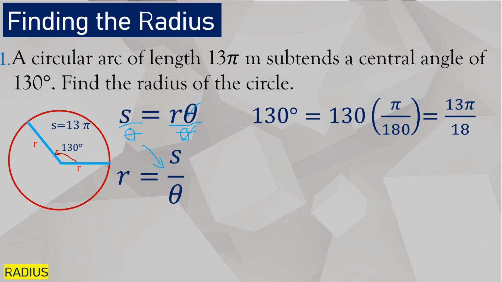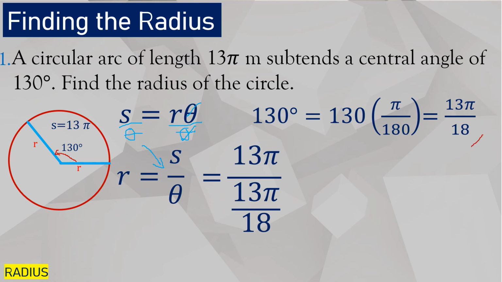You can hold your calculator while doing this. Okay? Para medyo mabilis na rin. Now, we substitute 13 pi over 18 to theta. So, ayan na siya. So, ano ang sagot natin? Radius is 18 meters. Ganun kahaba ang radius.